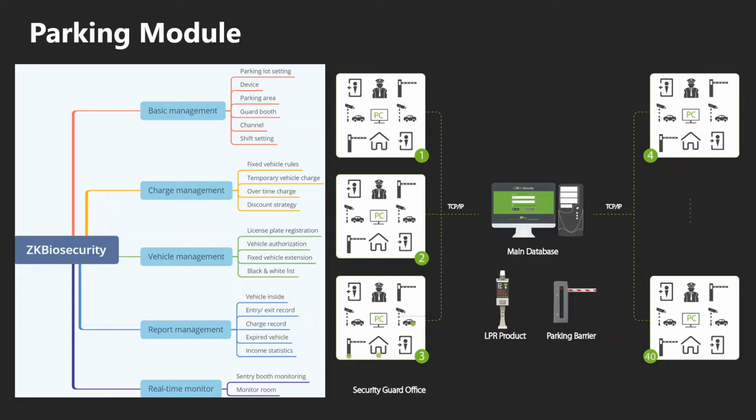In report management, we can check which vehicles are available inside the parking area, and the entry and exit records, charge records, expired vehicles, and income statistics. And in real-time monitoring, we can live monitor the guard booth with video and the monitor room. Through the monitor room, we can also manually open the barrier from there.